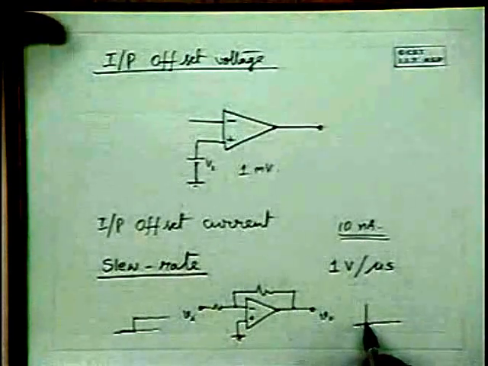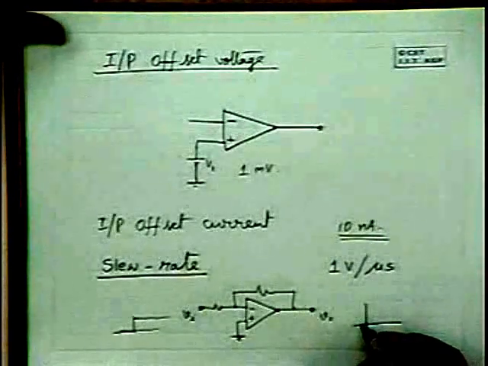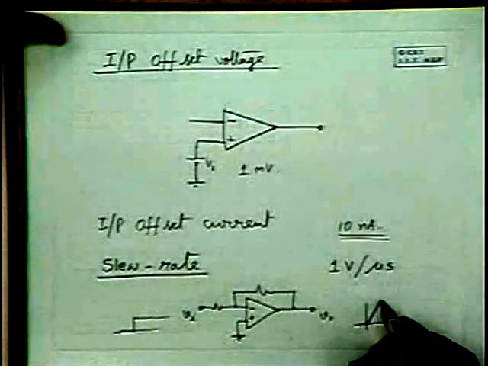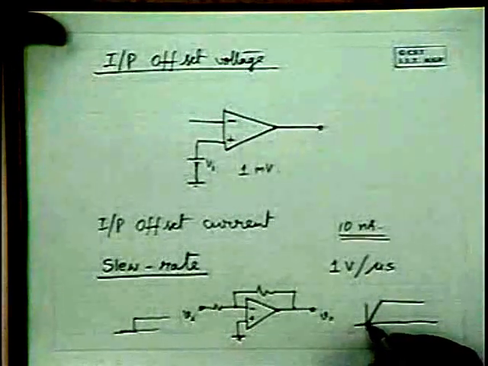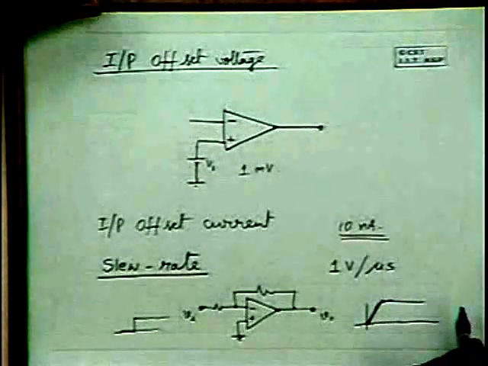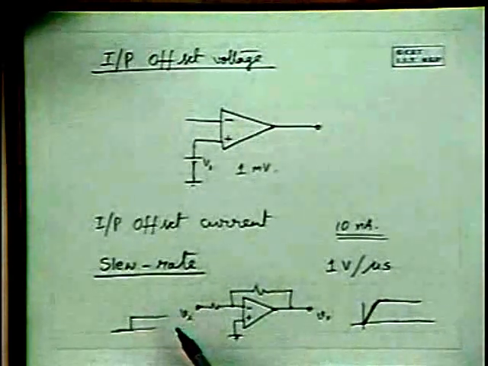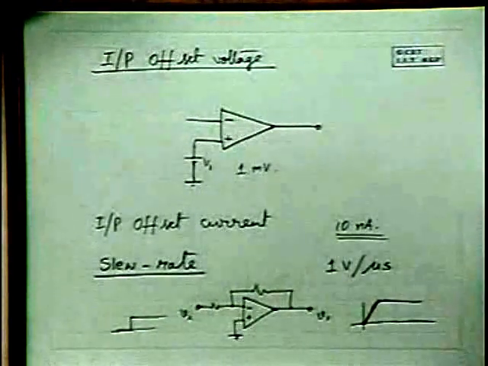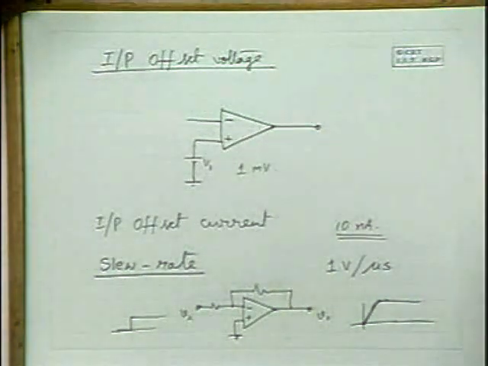the output is not a perfect step. If you magnify and look at it microscopically, you will find that the output rises slowly. For the output to rise instantaneously, the amplifier should be a high frequency, wideband amplifier.